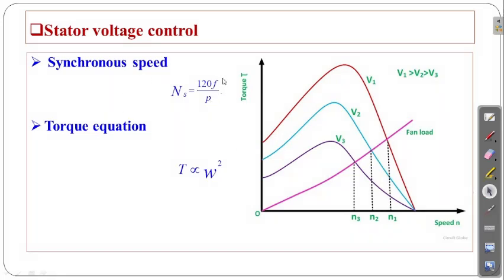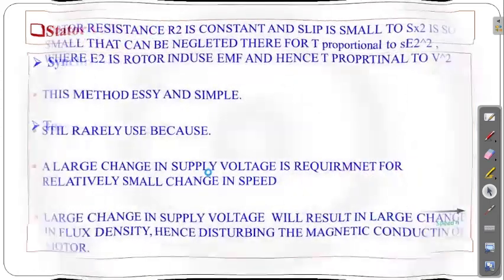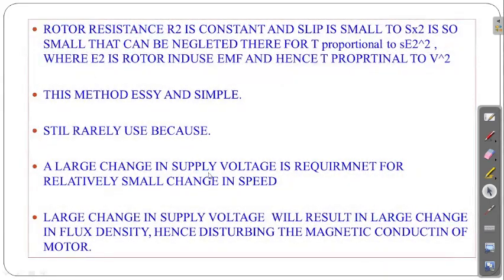So if you want to decrease the speed, we reduce the frequency. The rotor resistance R2 is constant, slip is small so S2 can be neglected. Therefore T is proportional to S E2 squared, where E2 is the rotor induced EMF, hence T is proportional to V squared. This method is easy and simple.